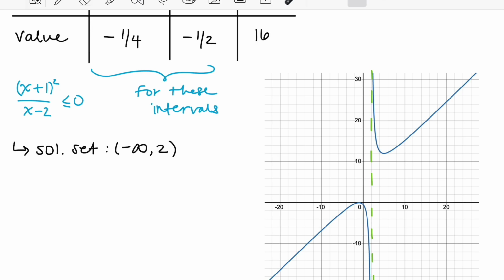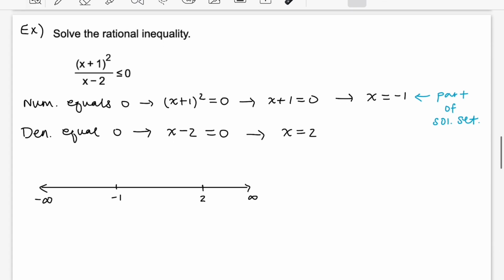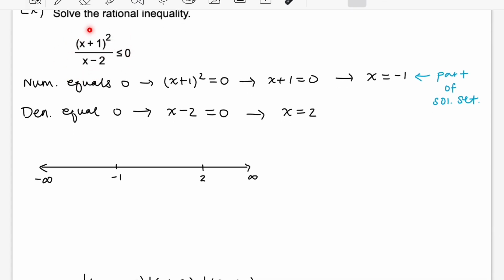Now, the reason why we wanted to find the values which make our function undefined or equal to 0, our numerator equal to 0, is because when our rational function is undefined, that tells us where our vertical asymptotes are. And when our rational expression is equal to 0 here, this is where our expression has the potential to change sign, right? So when we're looking at when this rational expression here is going to be less than or equal to 0, this is when this guy is going to be negative or equal to 0.